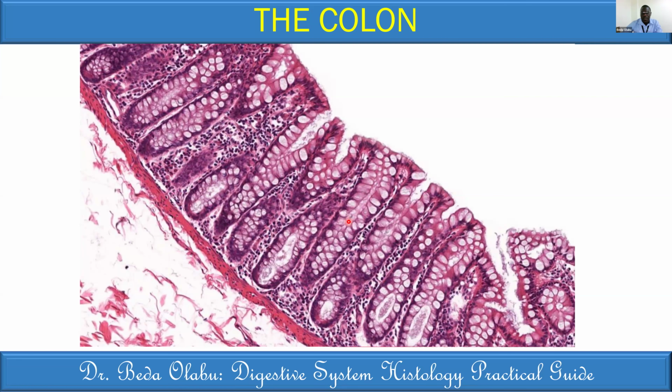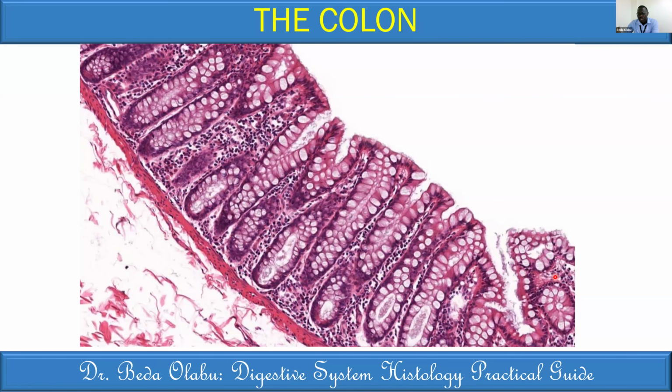The difference here is that the colon does not have villi. And so the crypts of Leeuwenhoek of the colon just open onto the surface, not necessarily adjacent to villi. So that's a crypt. That's a crypt. That's a crypt. So these are crypts. Essentially, if you just follow the outline of the goblet cells, those are basically the crypts.